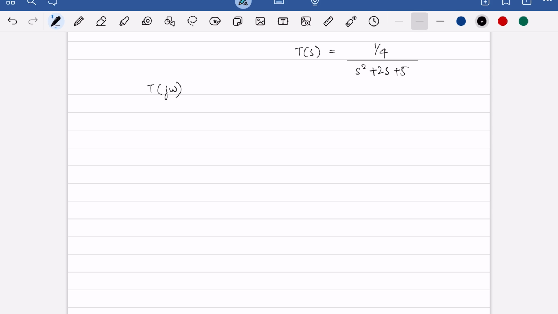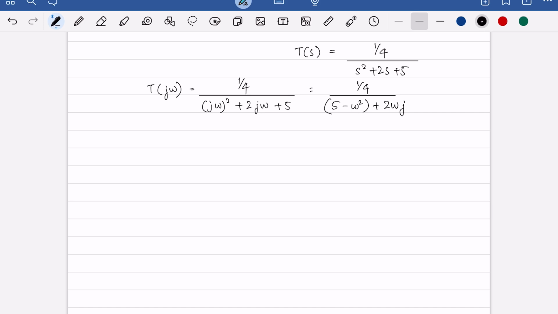If you're looking at the system response, we're just interested in substituting j omega instead of s. We obtain 1/4 divided by (j omega) whole squared plus 2 j omega plus 5. And because we know that j squared is equal to minus 1, we use that here to have 1/4 divided by 5 minus omega squared, which comes from j squared being minus 1, plus 2 omega j.